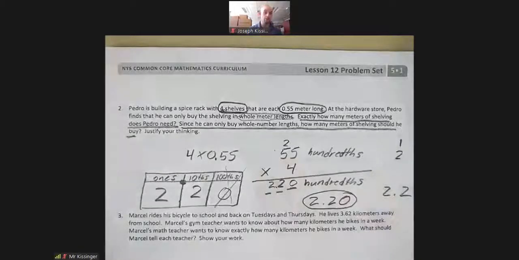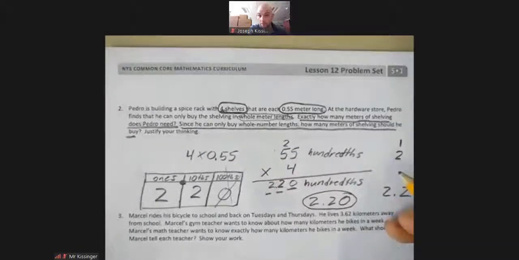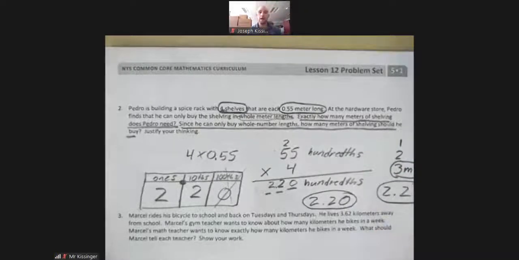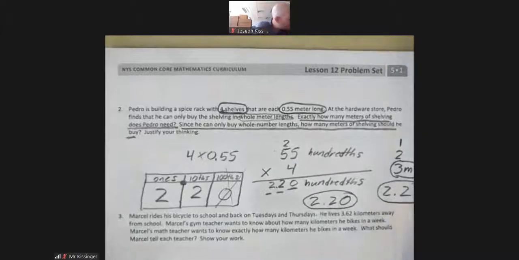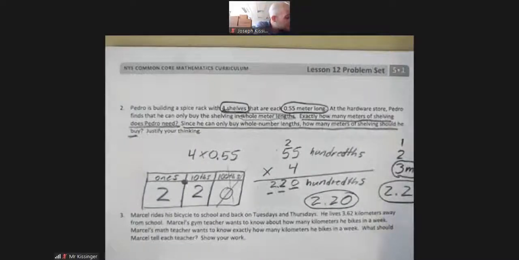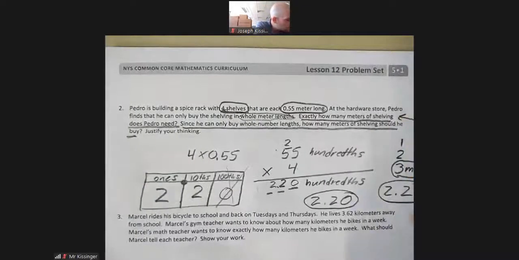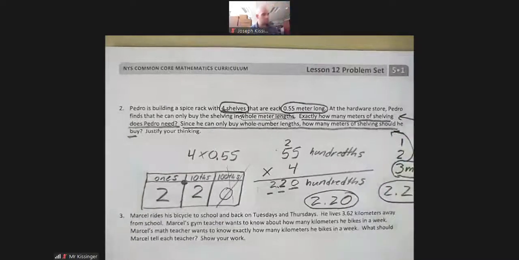No, it's not. We're still going to need more. We can't buy 2.2 exactly because we can only buy in whole number lengths. So we'll need to buy 3 meters altogether. And 2.2 meters is how many meters he needs exactly. So this is the first question here, and then this is the second question.